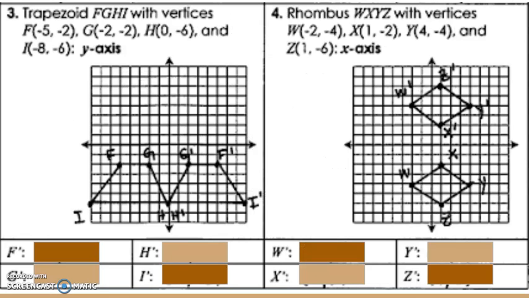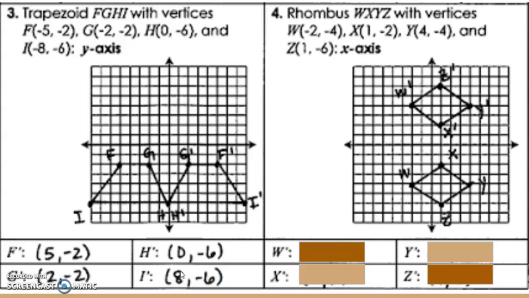3 and 4 are the same thing, so I'm just going to show you those answers. 3, we're going over the y-axis, so we're still just counting. The one thing to pay attention to with number 3 is point H. Since point H is on our y-axis, when we reflect it, H prime is still going to be there as well.